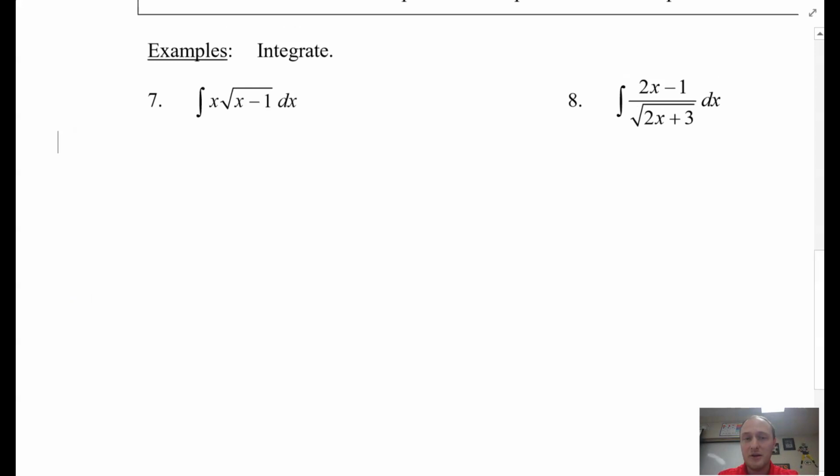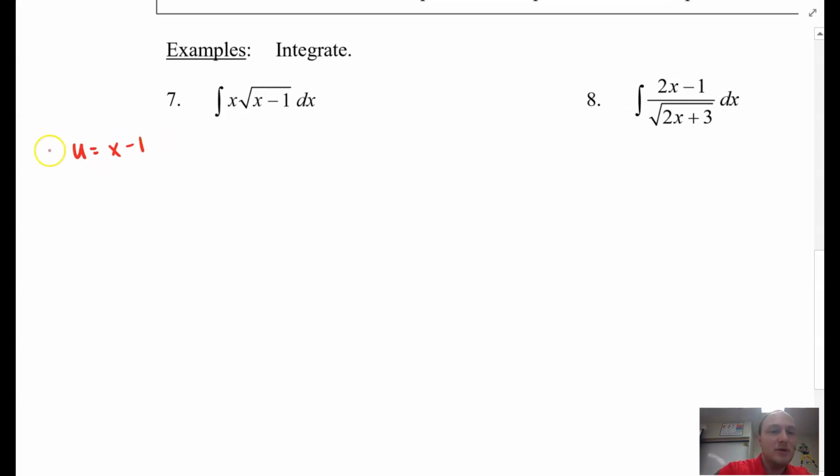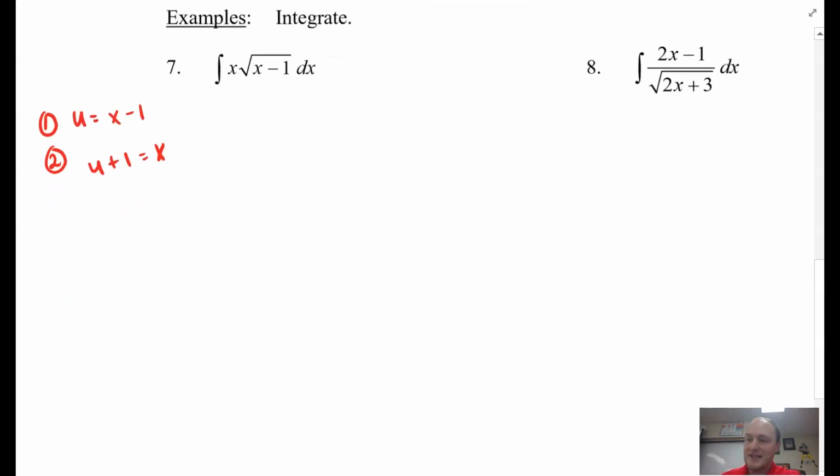So what we're going to do here is use U-substitution. I want to let u equal x minus 1. That's my radicand. So this is step 1. Then step 2, I'm going to solve for x. u plus 1 is equal to x. And then step 3, which is also kind of step 4, is we're going to differentiate both sides.